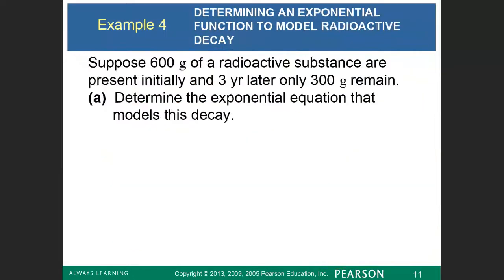Okay, next example. Suppose 600 grams of radioactive substance are present initially, and 3 years later, only 300 grams remain. So observe that the number of grams is getting smaller. So we will have the decay here.